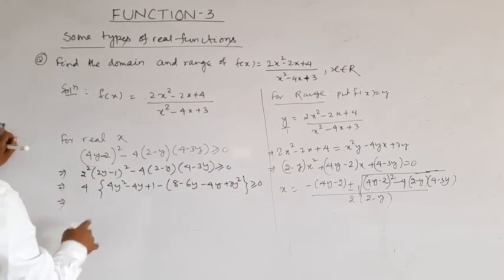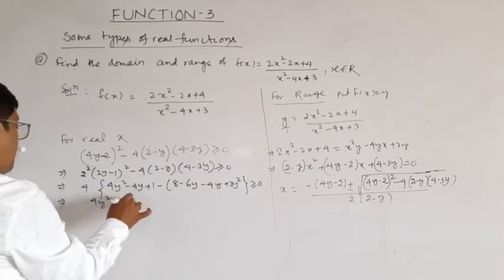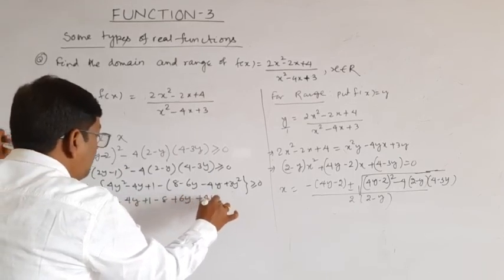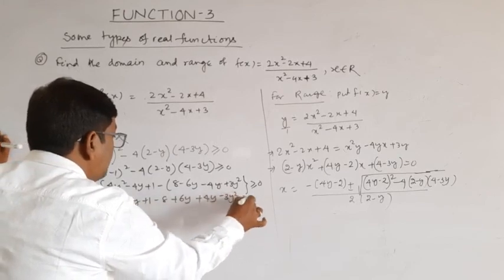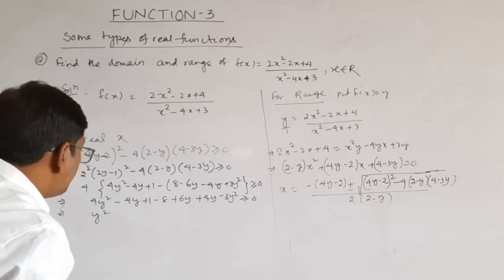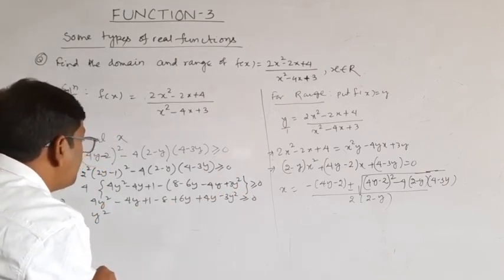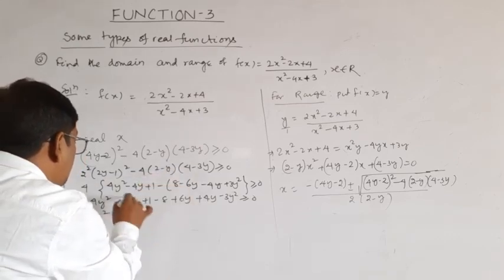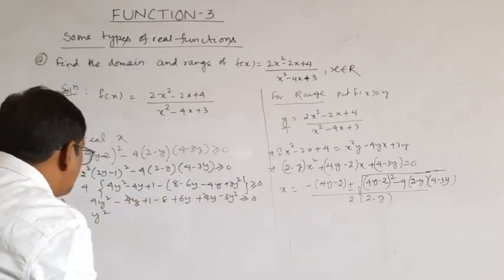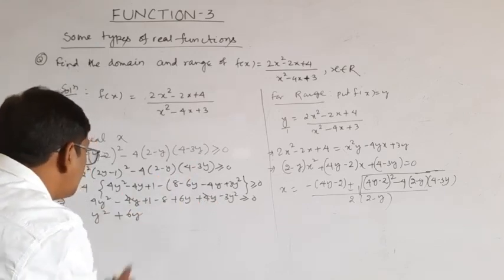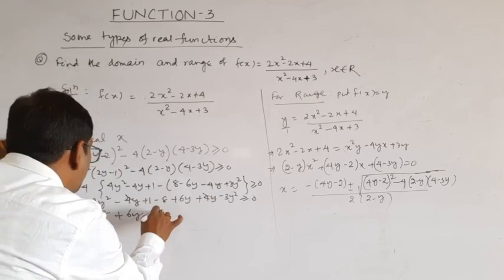So 4y square minus 4y plus 1 minus 8 plus 6y plus 4y minus 3y square. So this is y square, the plus 4y and minus 4y cancel, plus 6y, and minus 7 greater than or equal to 0.